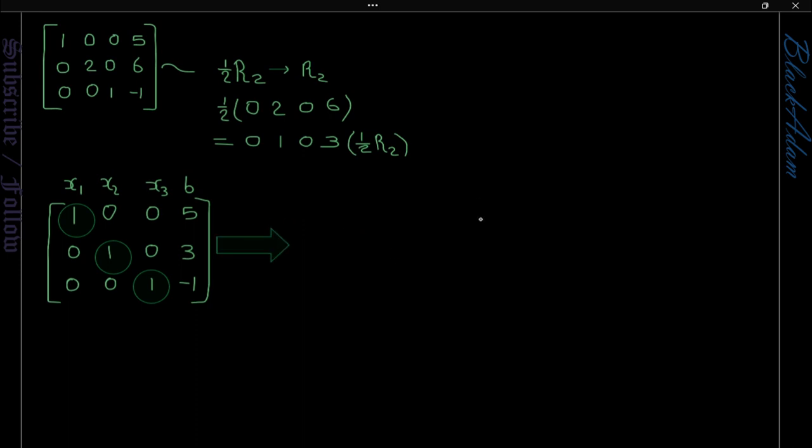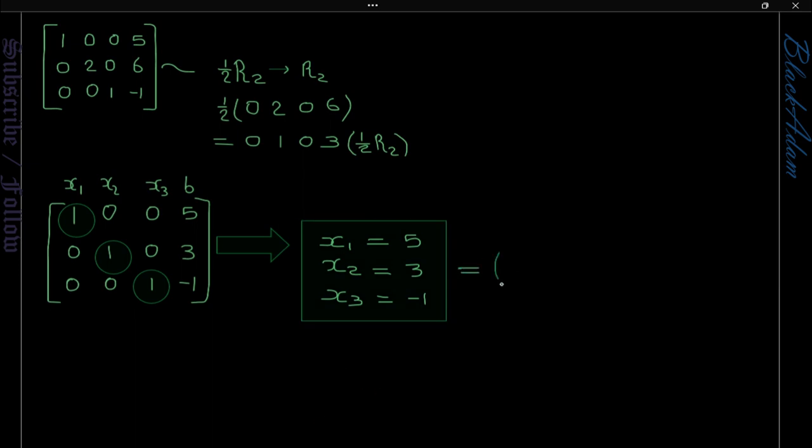So x1 is going to be 5, x2 is going to be positive 3, and x3 is going to be negative 1. So that's our answer. Putting it in coordinate form is going to be 5, 3, -1. So that's the value for x1, x2 and x3.